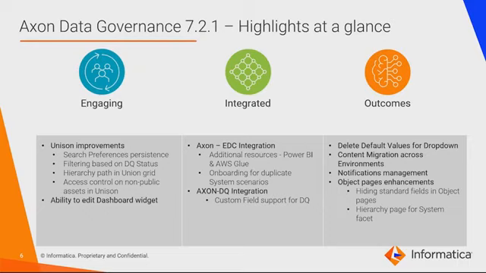So we have introduced content migration from lower environments to the higher environments of your system. There are a bunch of notification management changes, and then we have the deleting of default values from the dropdown. So let's look into each one of them in detail and see how it is.